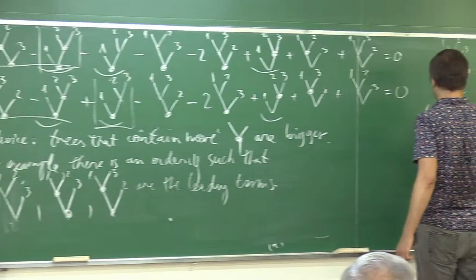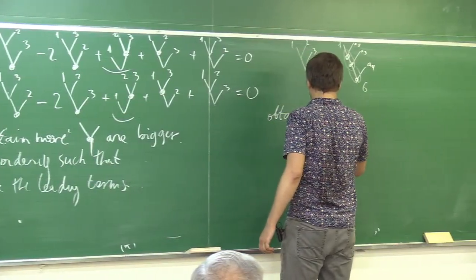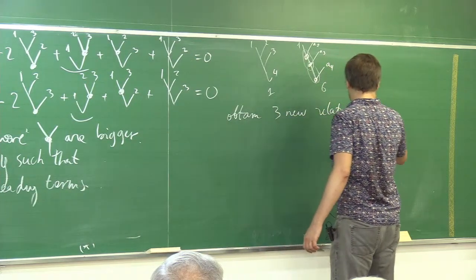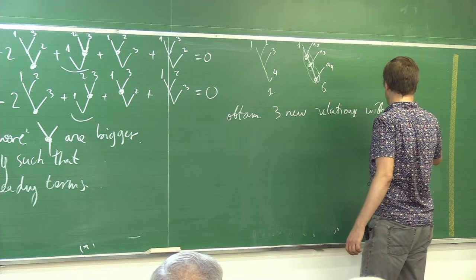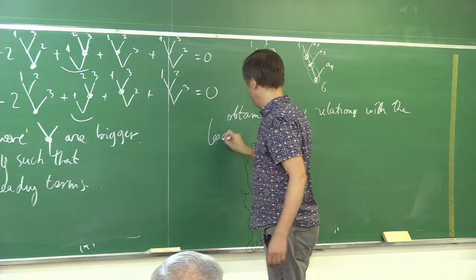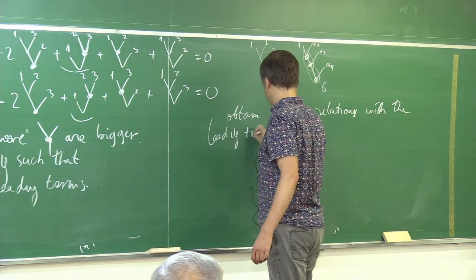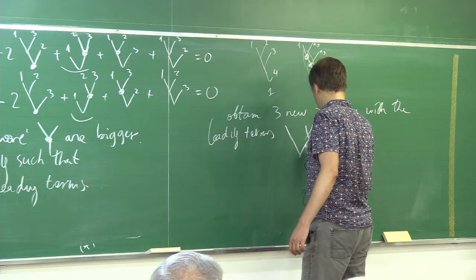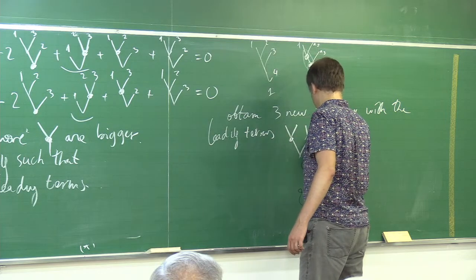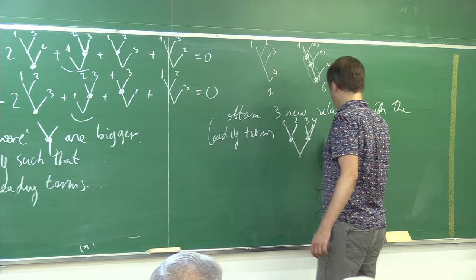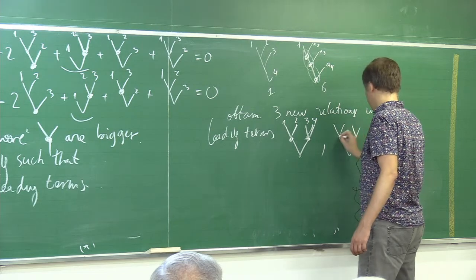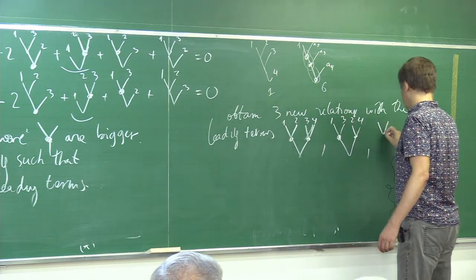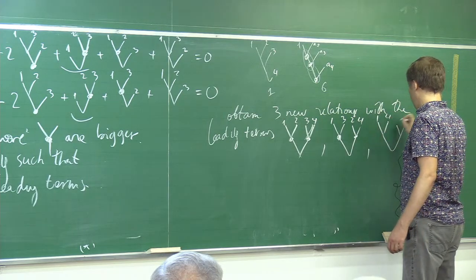So we obtain 3 new relations with the leading terms 1, 2, 3, 4; 1, 3, 2, 4; and 1, 4, 2, 3.